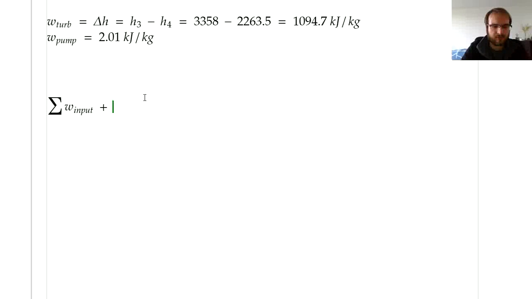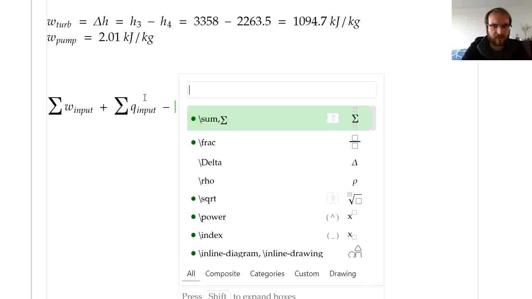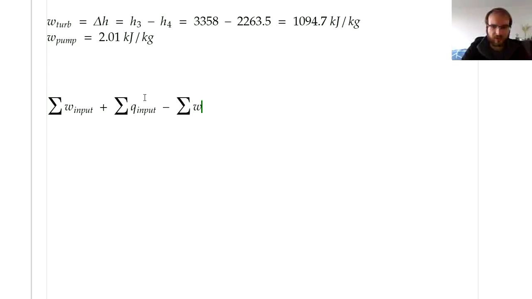Sum of the work input plus sum of the heat input minus sum of the work output minus sum of the heat output equals 0.